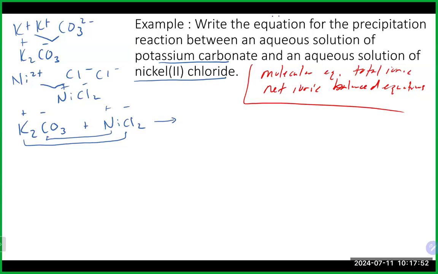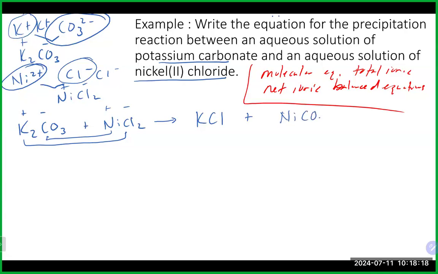So we're going to go on the other side and take potassium, which is just K plus, and we're going to put it together with chloride, which is Cl minus, and that gives us only KCl. Again, does not give us K2Cl2. We will then put our nickel, which has a +2 charge, together with our carbonate that has a -2 charge, and that gives us our proper form of NiCO3.